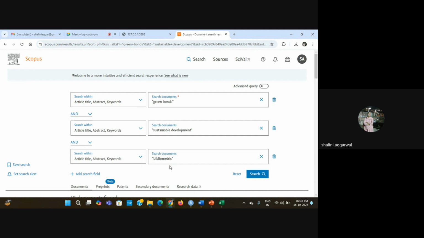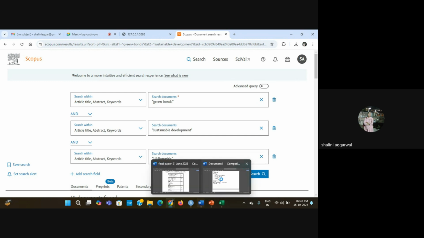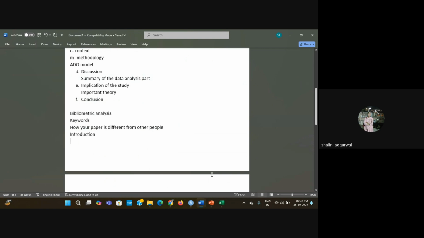And then you have to see if anybody has already done any paper on bibliometric on these keywords. And even if they have done it and you still want to do it, then in the introduction section you again have to mention how your paper is different from them, and the objective of the study or the research questions, you can write this in the introduction part.